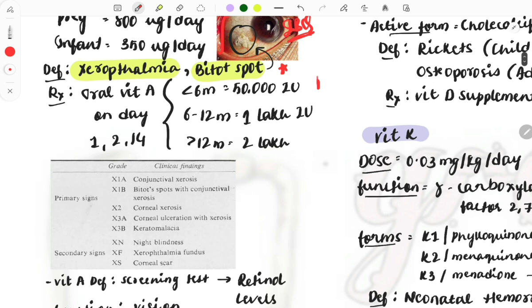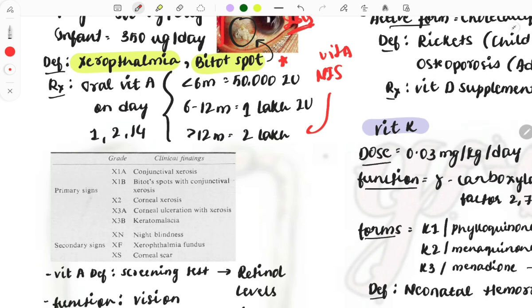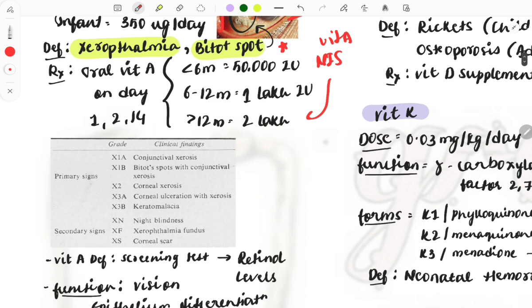Then this comes under the national immunization schedule also, so we will be giving vitamin A. These are the doses of vitamin A, and these are for prophylaxis. In case there is deficiency, then based on the age of the person we will be giving 1 lakh or 2 lakh.